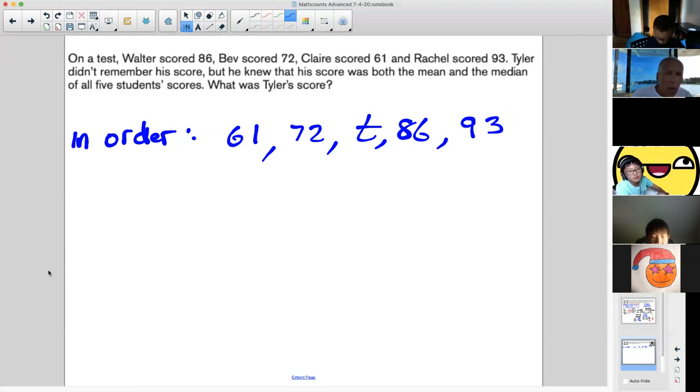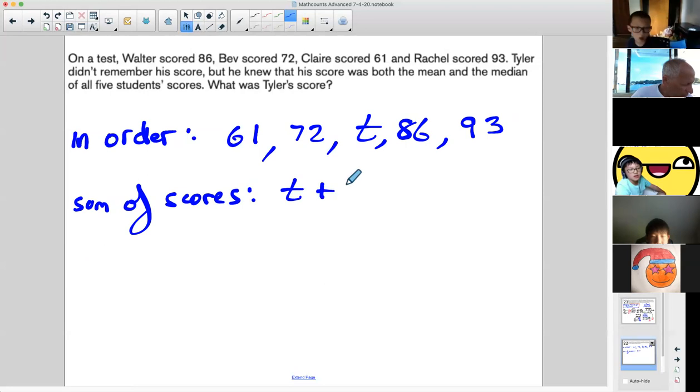And we also know that the sum of the scores equals what? T plus what? T is my buddy Tyler, who forgot his score.